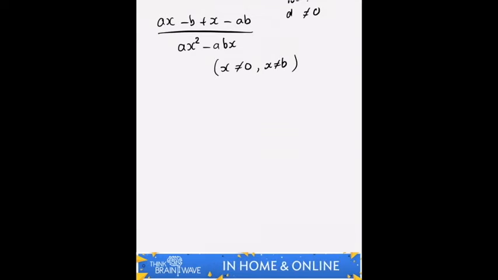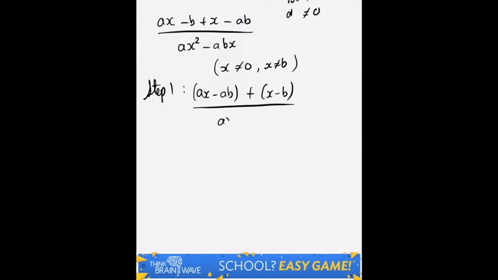Okay, so you've got your first step. Your first step is to factorize. So you'll say ax minus ab. Why would you do that? Well, you'll see in the next step. It's purely to group your terms and then factorize. So you'll say plus x minus b, all of this over ax squared minus abx.